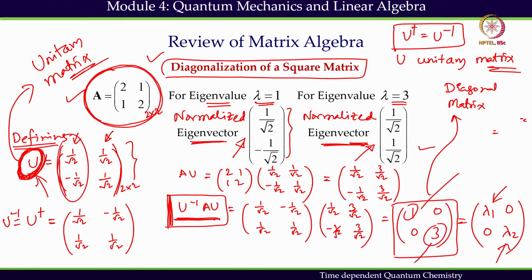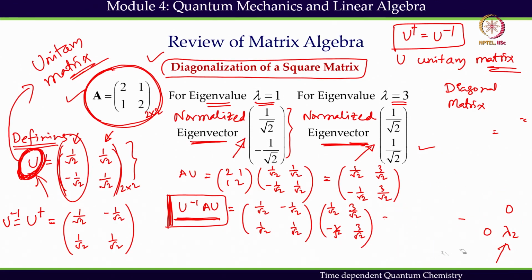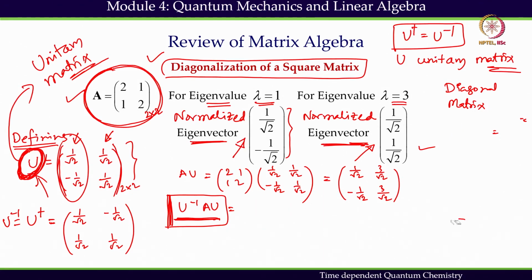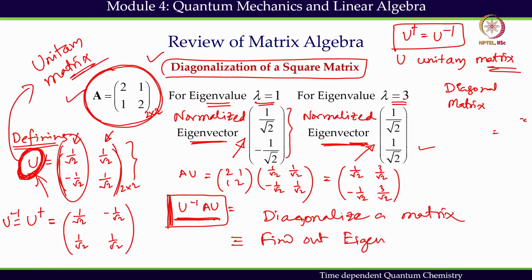This is quite an interesting approach, and numerical implementation is done with the help of diagonalizing a matrix. So what I have learned here is that diagonalizing a matrix is nothing but finding out eigenvalues and eigenvectors.